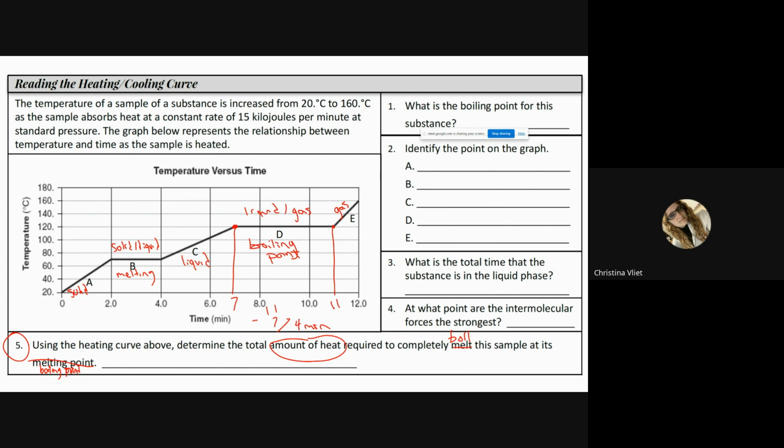So you can't do 15 times 11, because if you do that, you're saying that it's boiling this whole time. But that's not what it says. So the time is 4 minutes, so you do 15 times 4. 15 times 4 is 60.